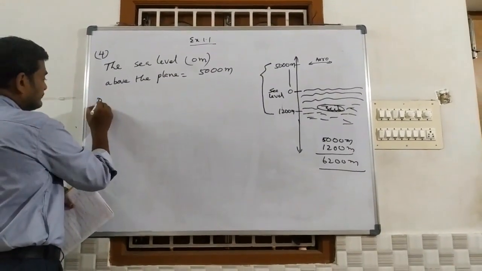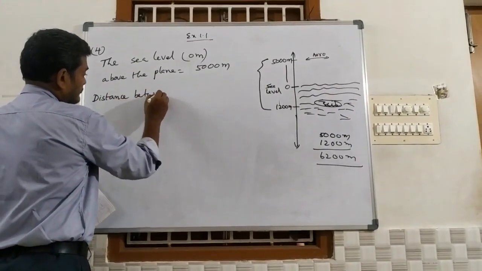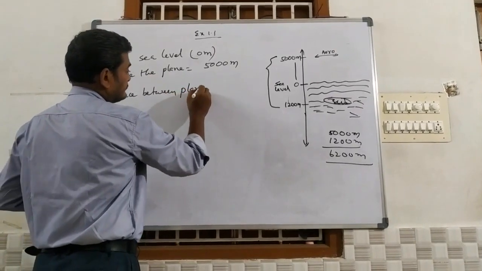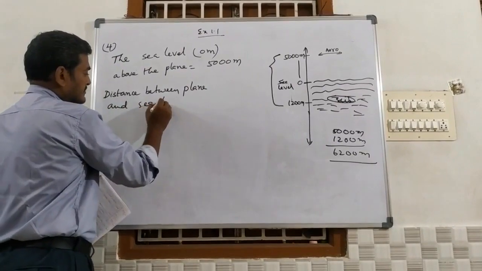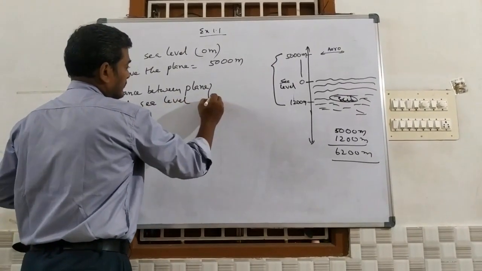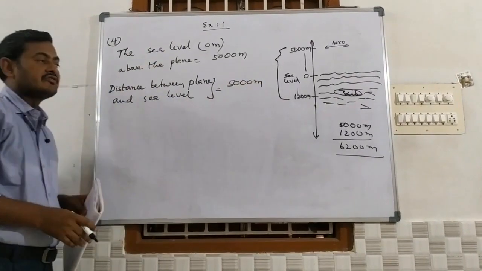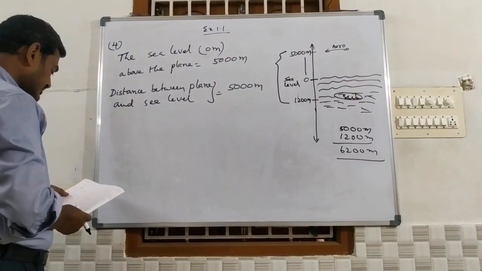Distance between the plane and sea level equals 500 meters.